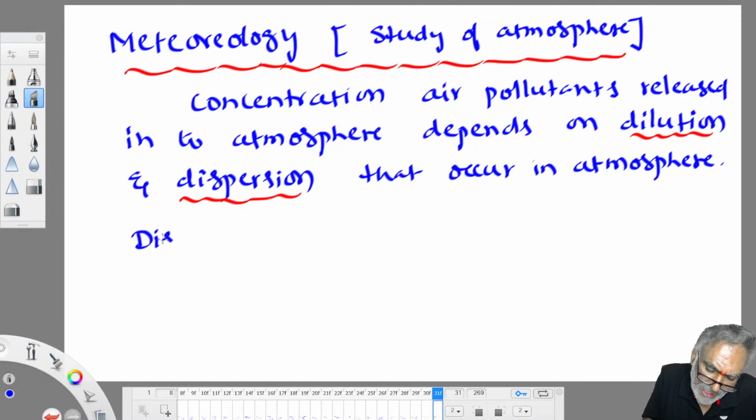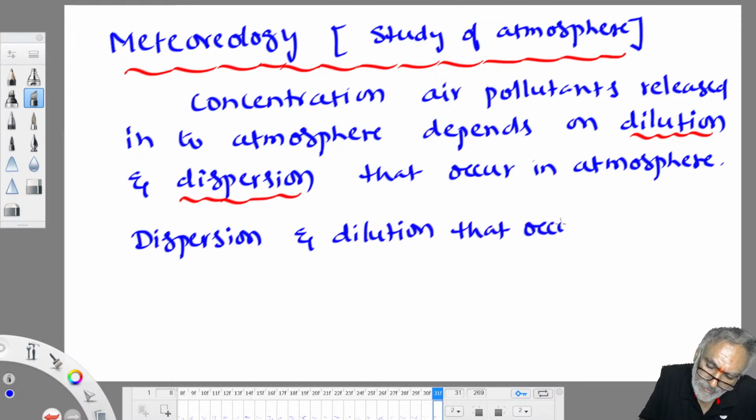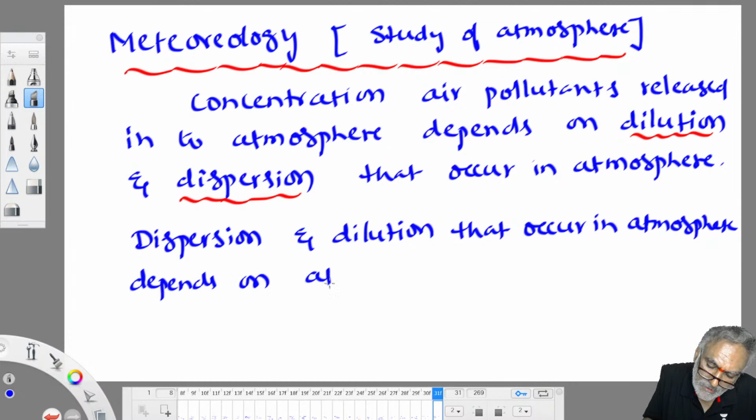So dispersion and dilution that occur in the atmosphere depend on atmospheric stability, or stability of the atmosphere.